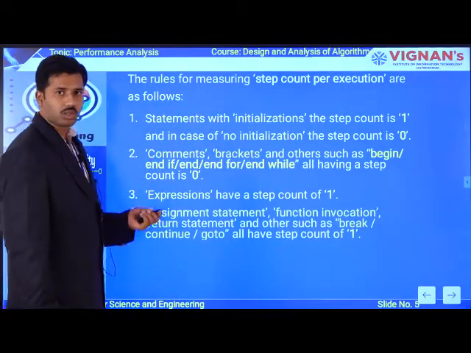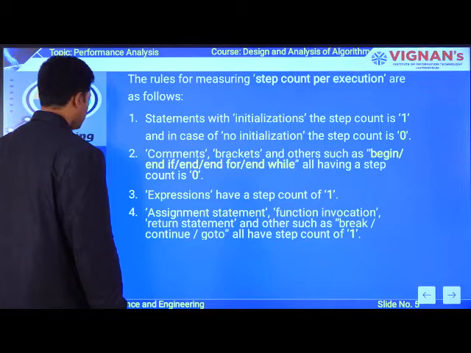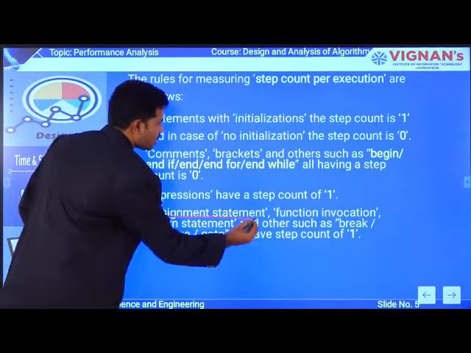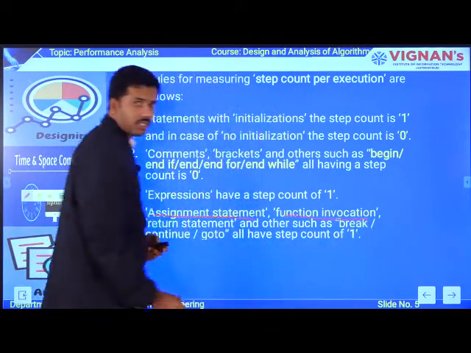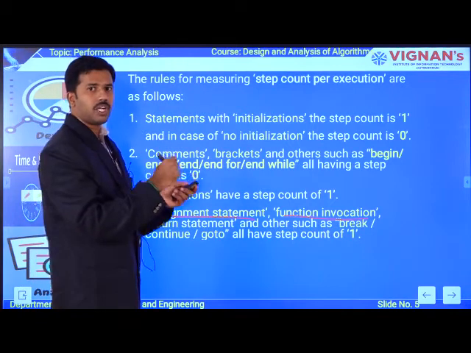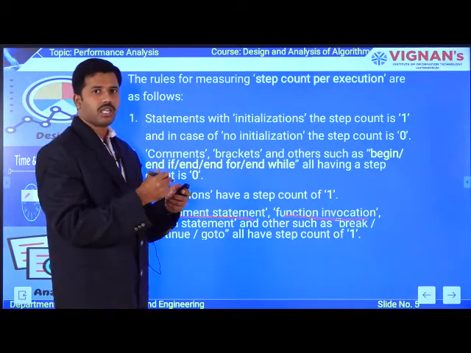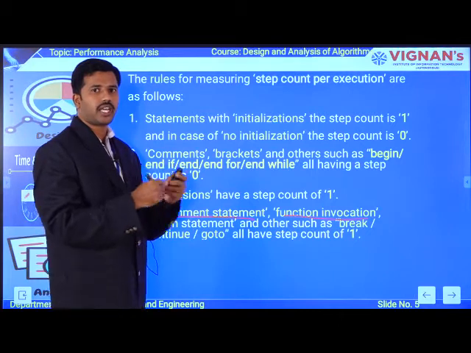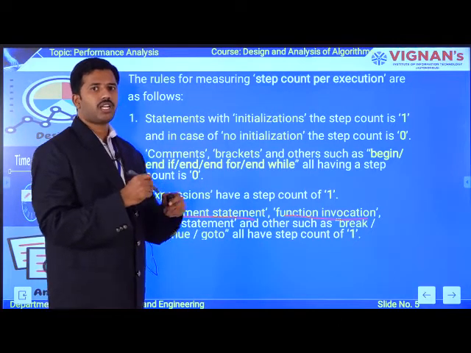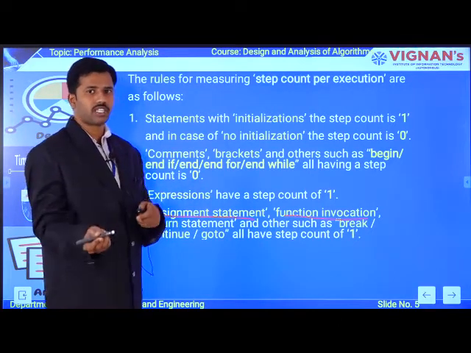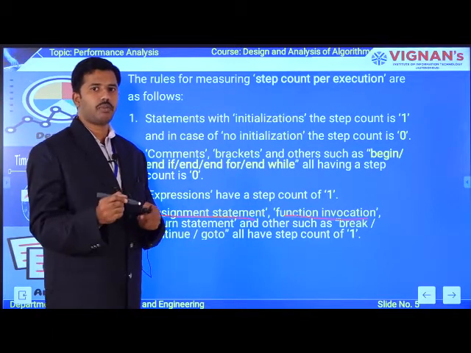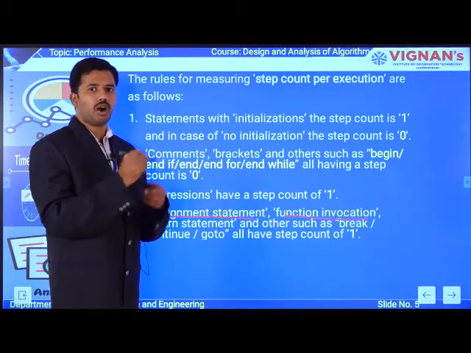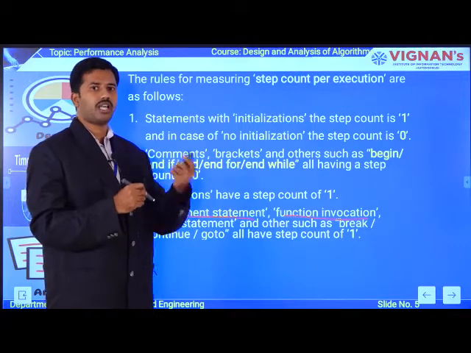Now coming to the last rule. As I said previously, for the assignment statement as well as function invocation: you call an algorithm in two ways. Either the algorithm calls itself directly, or from one algorithm you call another algorithm. That is nothing but a function invocation. So a function can call itself, or a function can call another function.